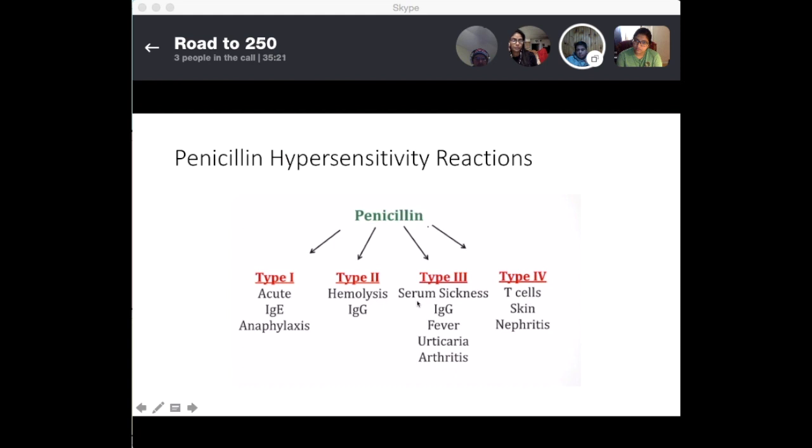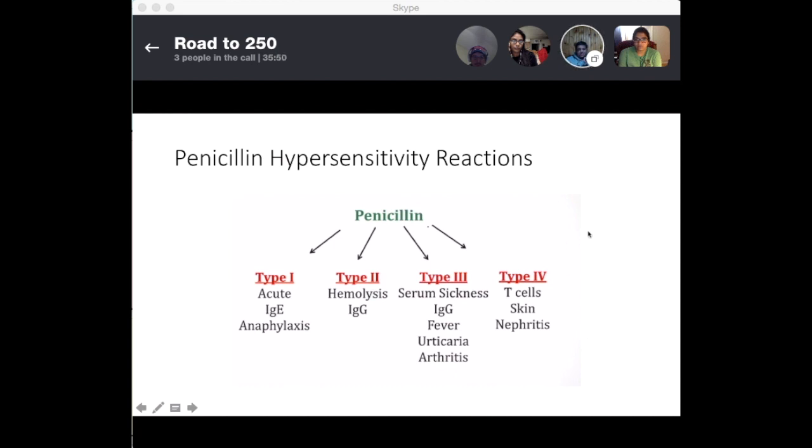Type 3 is serum sickness, which typically does not affect just these penicillins but other penicillins, and that's also via IgG. And then nephritis is type 4, and skin reactions that can happen with penicillins, other types, would be essentially type 4 as well, because of your T cells. So that's a quick review.